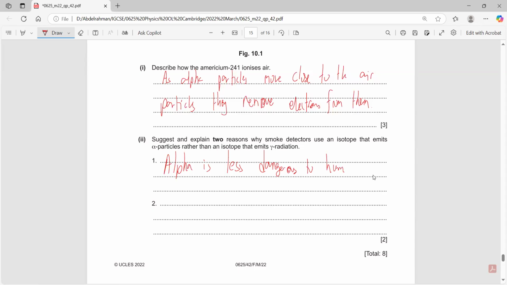You can also say that the alpha is less penetrating, or that the distance traveled in air by alpha is much less.